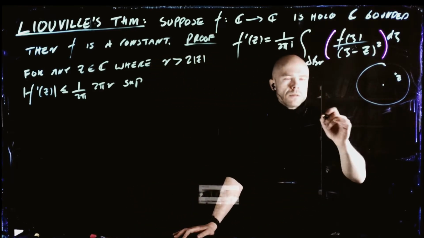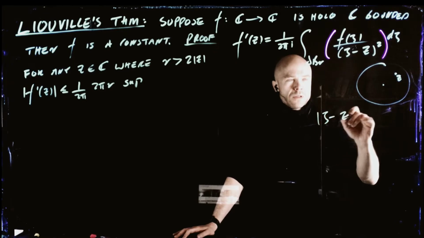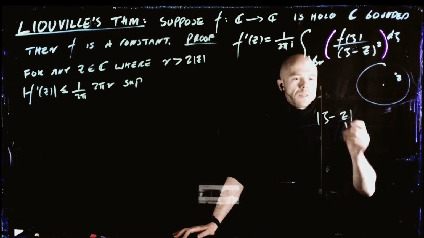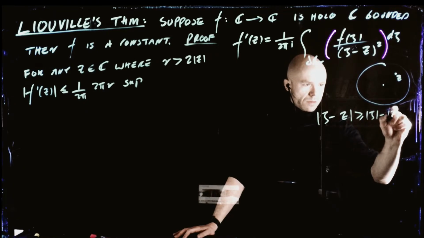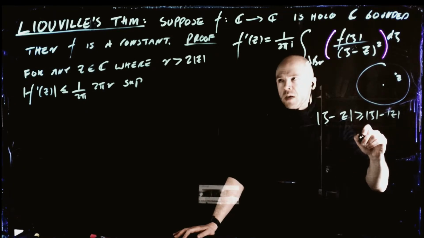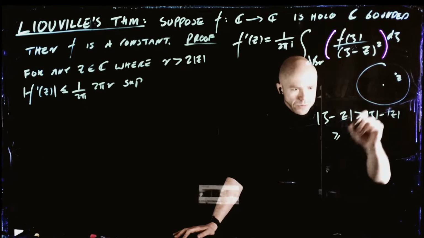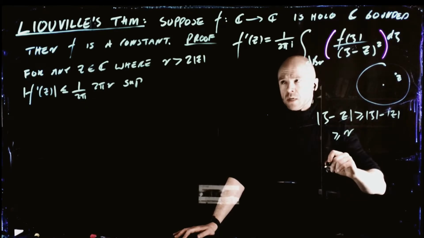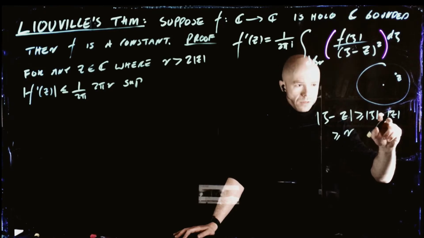Then we know that the absolute value of zeta minus z, let's bound it from below. This is bigger than the absolute value of zeta minus the absolute value of z. Zeta is on the curve, so that's equal to r. And the absolute value of z is less than half of r.